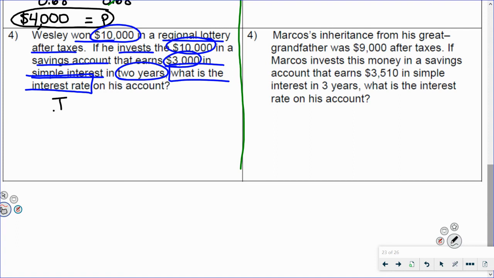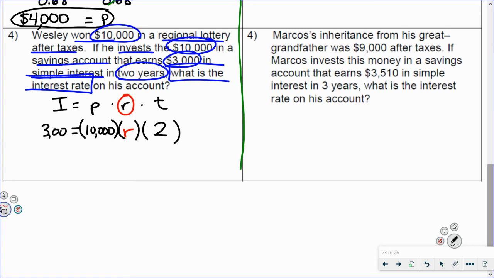Okay, so write it. The question's asking, what is the rate? That means every other bit of information should be known. I always latch on to the years. Principal was the initial amount, the $10,000. The extra money earned, $3,000.